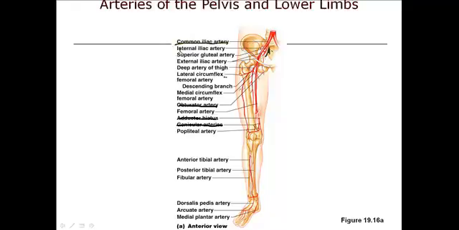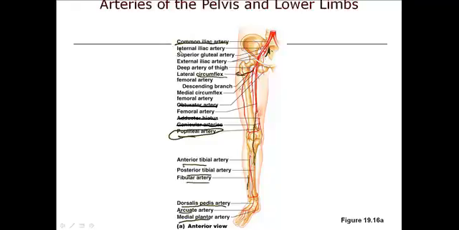And then, of course, you have your circumflex. Each joint has a circumflex. That's this one right here. So this is the deep artery of the leg. This is the femoral artery of the leg. And then, remember, we learned that word popliteal. That's going to be this posterior branch here. And then we have anterior and posterior tibials.